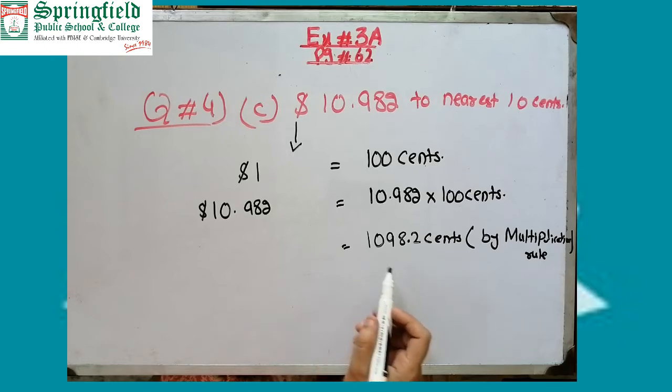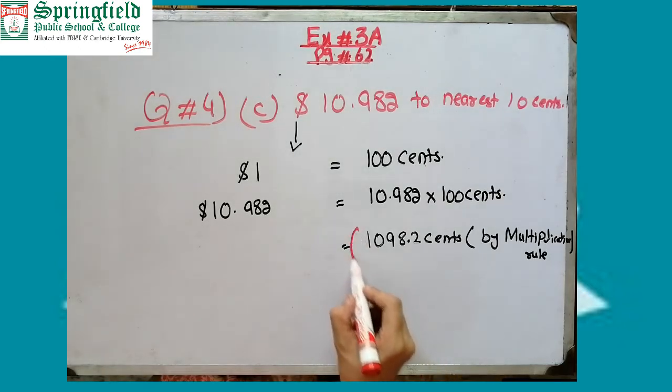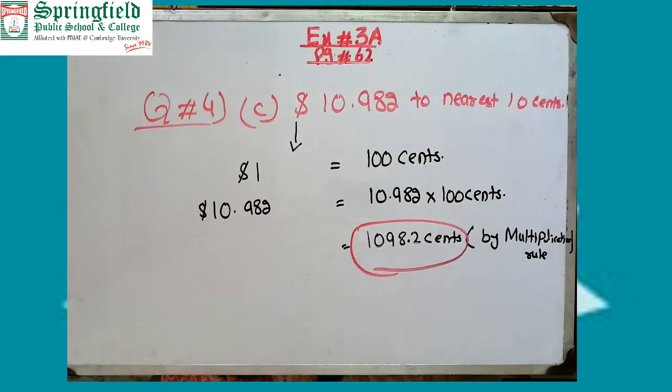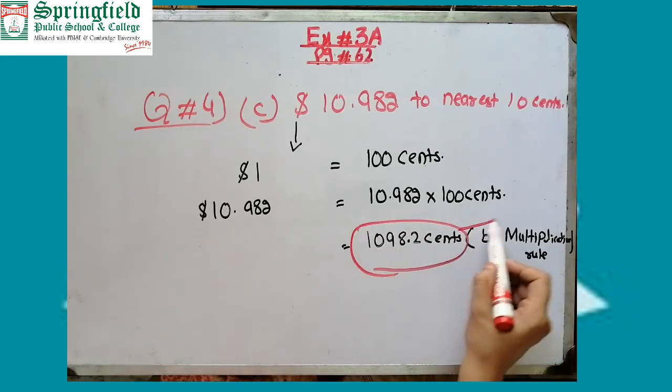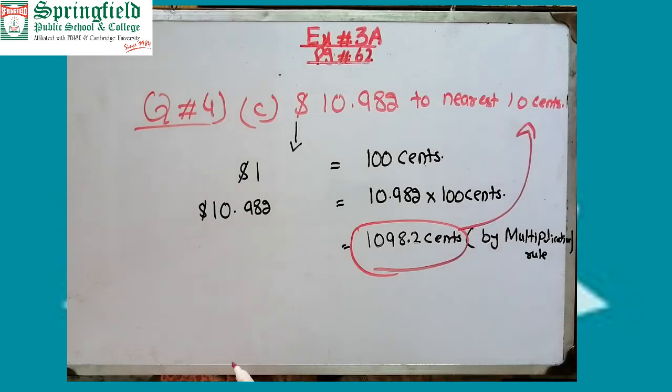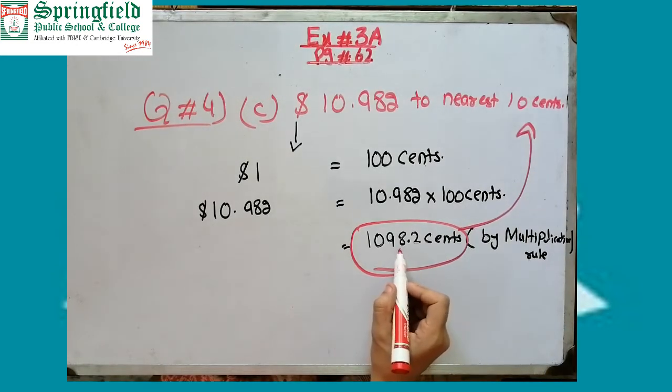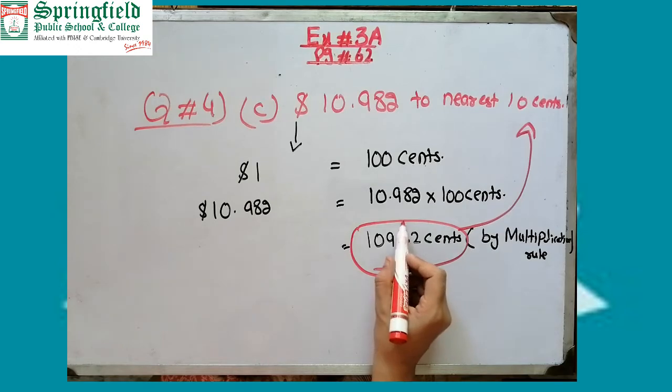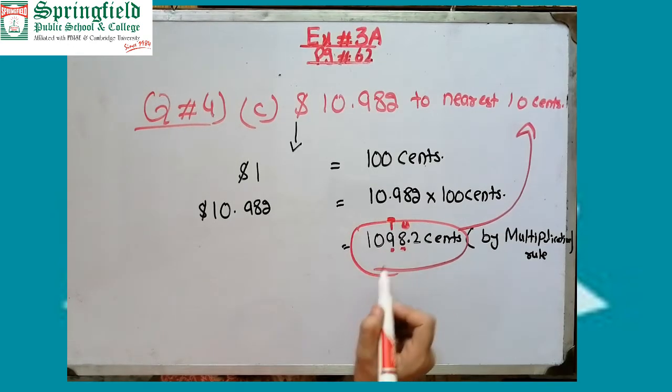Fine. 1098.2 cents. This is the number. Now convert this number to the nearest 10 cents. For 10 cents, we count the digits before the point: ones and tens.